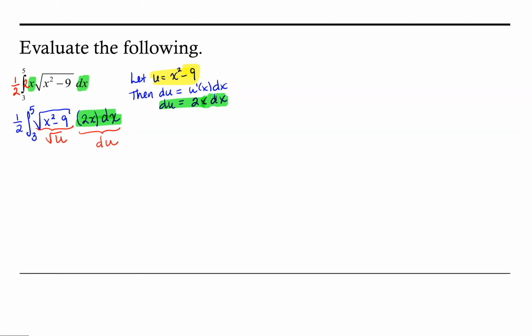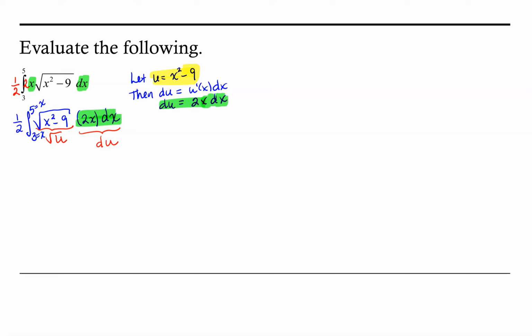I have one more detail, though, I need to attend to. That is that these limits of integration are values of x, and we're transforming our integral from one being described in terms of x to an equivalent integral in which we're describing with a variable called u.